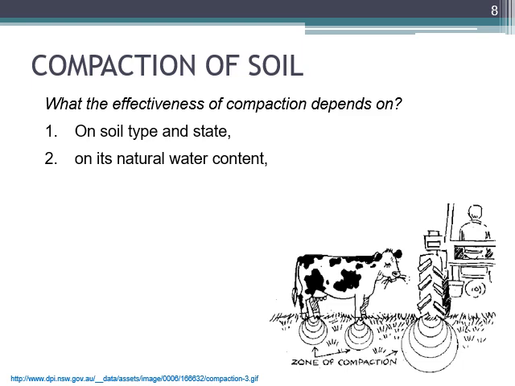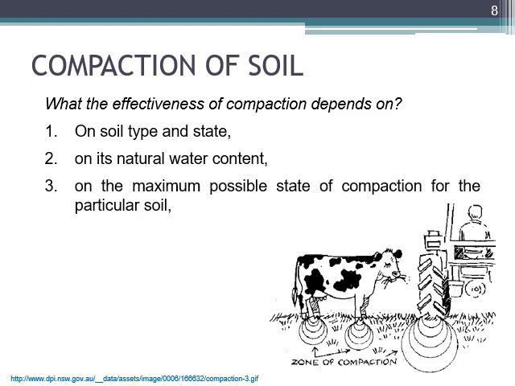If we were talking about cohesive soils, then the state naturally depends on the water content. But if you are talking about coarse, so non-cohesive soils, then you already also know from the Proctor compaction test that the dry density depends on the water content. So it depends on the ID parameter.